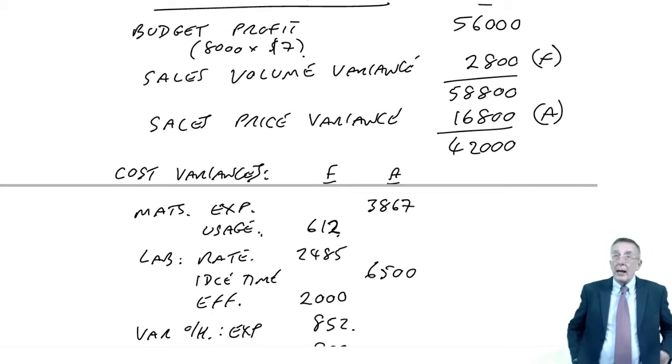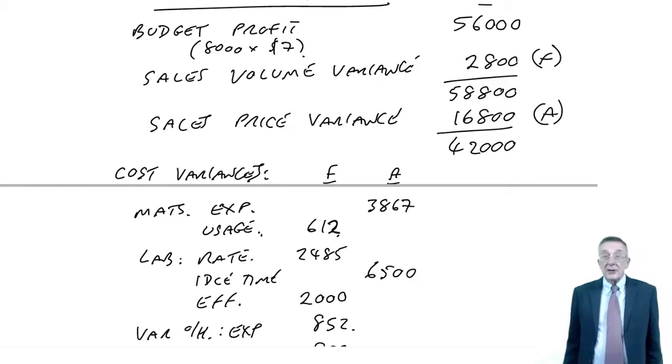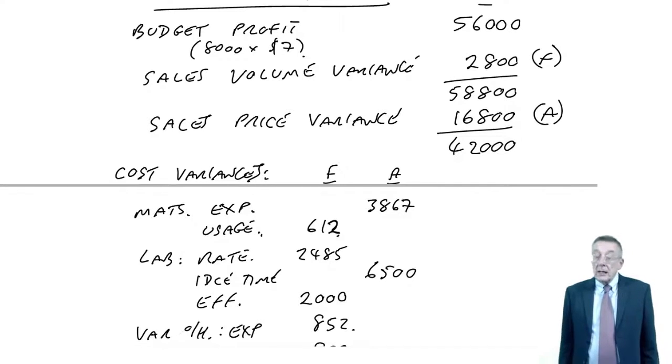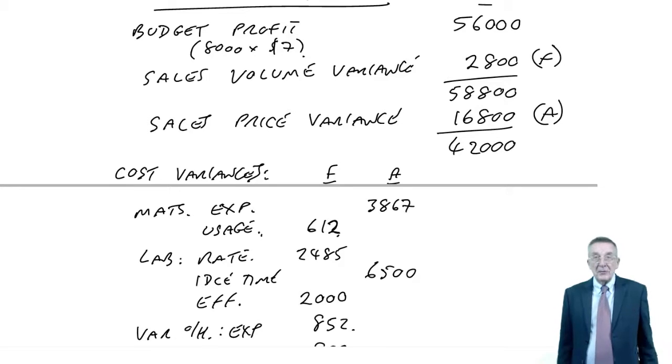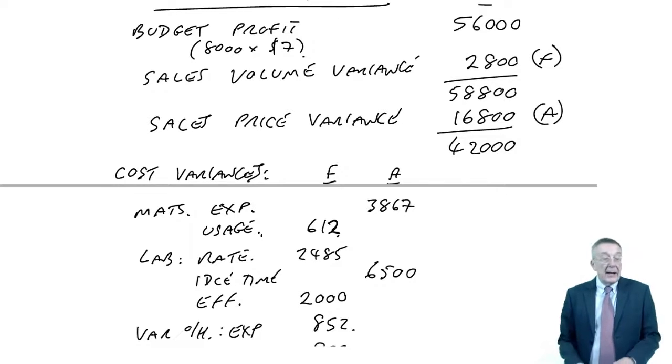However, as you should be well aware, the alternative for management accountants is to use marginal costing. Well, we don't absorb fixed overheads. And so in the next lecture, I'm going to do this question all over again, assuming that we're using marginal costing.